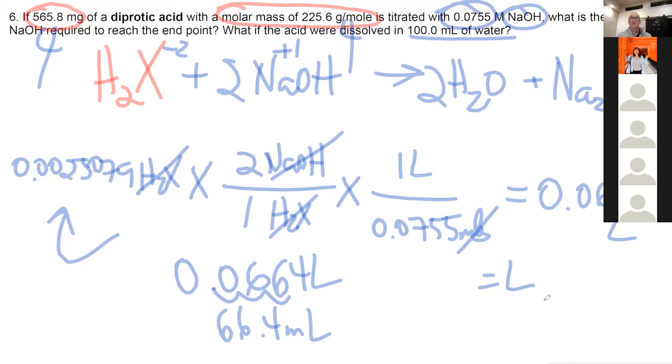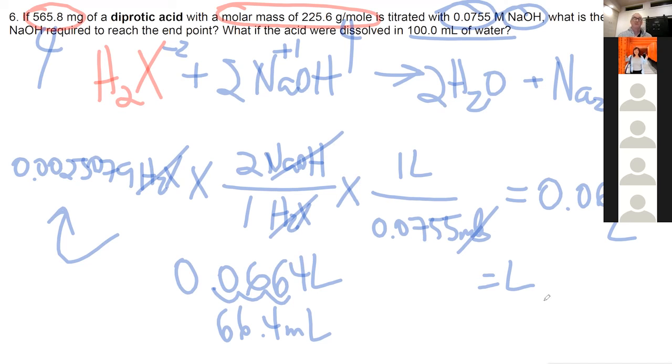So if the number of moles doesn't change, will the volume of the base used to titrate it change? If the number of moles of acid does not change, will the number of moles of base change too? No. No, that's right. So it does not matter what volume I dissolve the acid in.